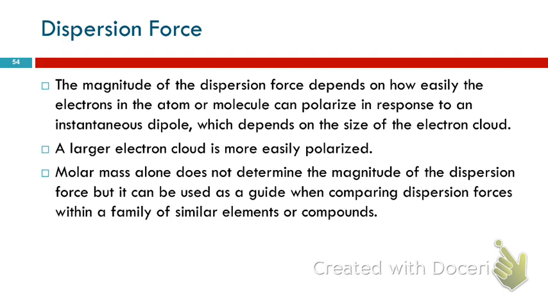So larger atoms have stronger dispersion forces than smaller atoms. For molecules, we can't use molar mass alone to look at magnitude of dispersion forces, but we can use it as a guide when we're comparing similar types of compounds.